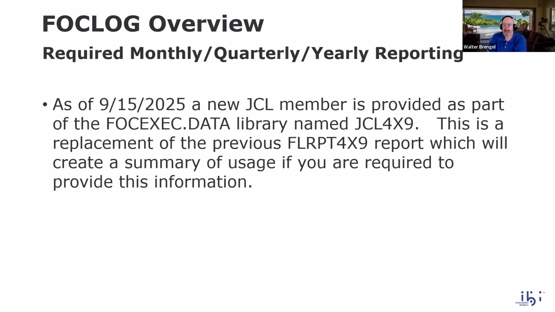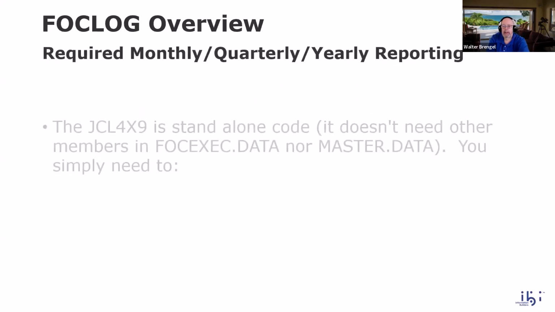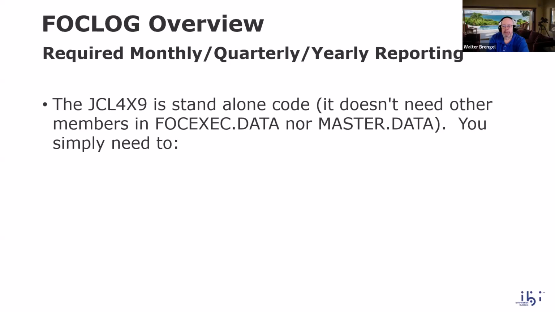So I'm keeping that convention, and I just called it JCL4X9. It's a replacement of the FLRPT4X9, and it's all inclusive. Standalone. You don't have to have anything else from any of the other FOCLOG files.